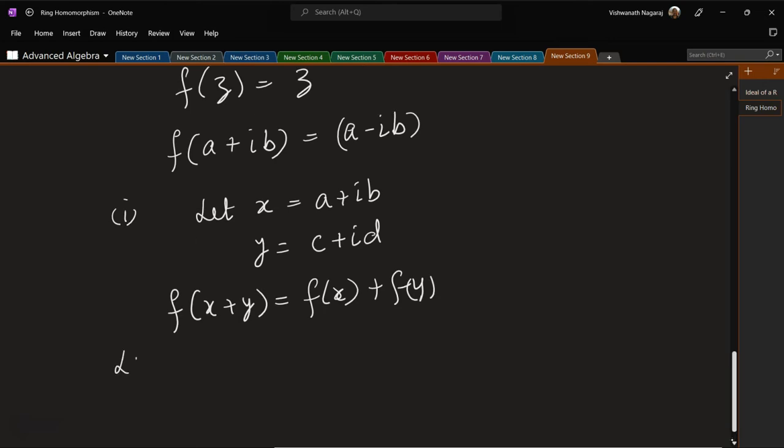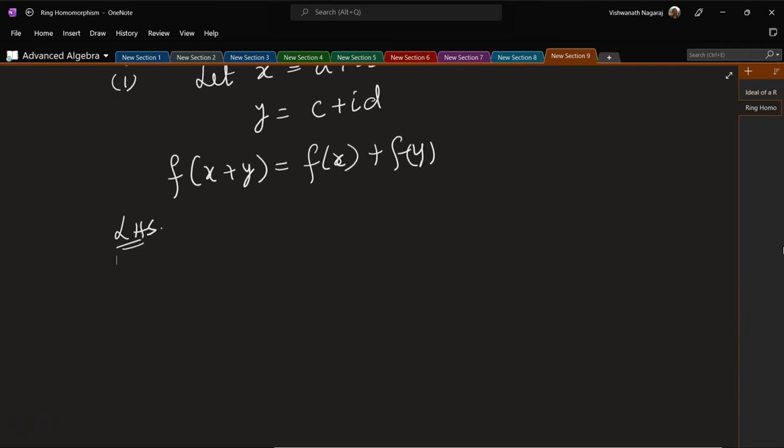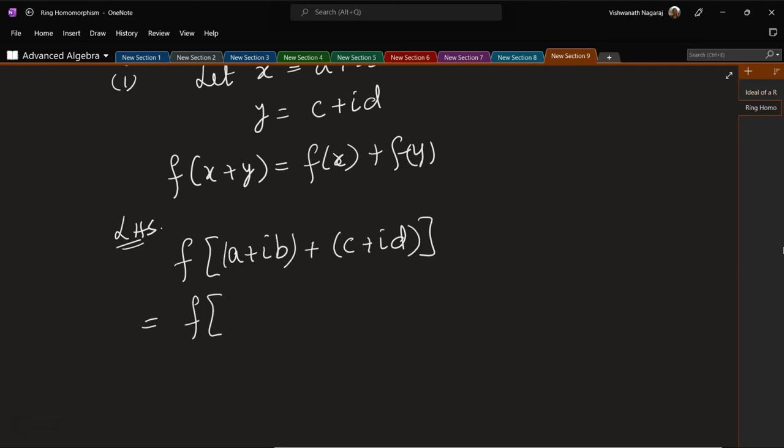Let's continue with LHS and see whether we end up with the right hand side. So f of a plus ib plus c plus id. Now let's first simplify this. We can write it as a plus c, the real parts, plus i times b plus d.